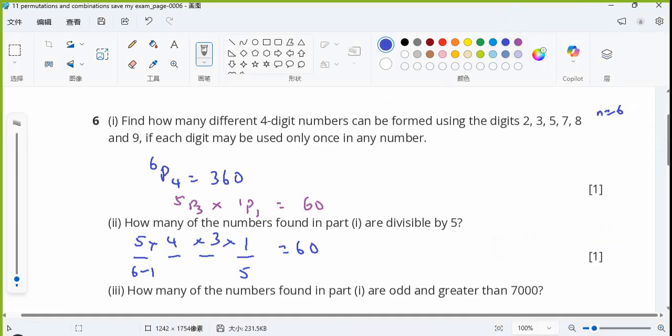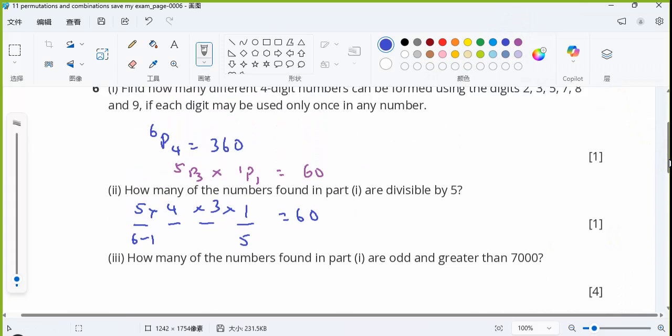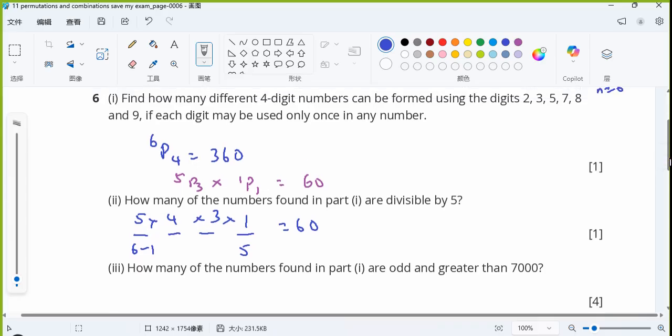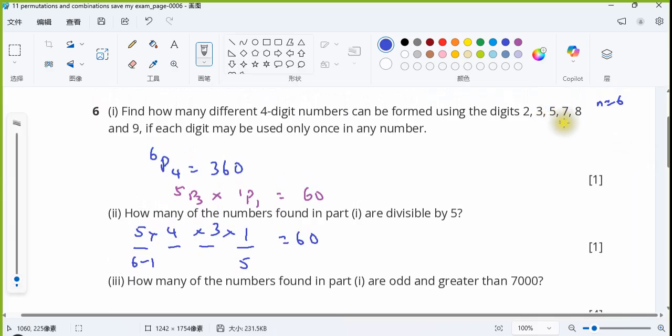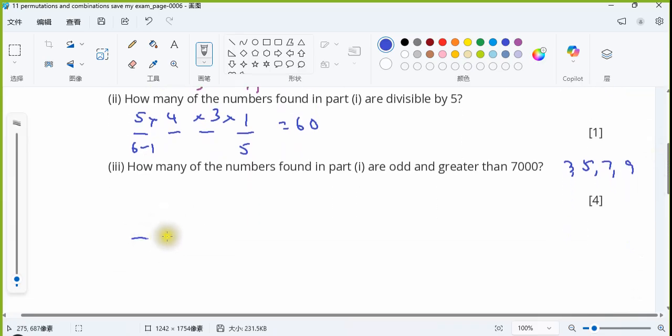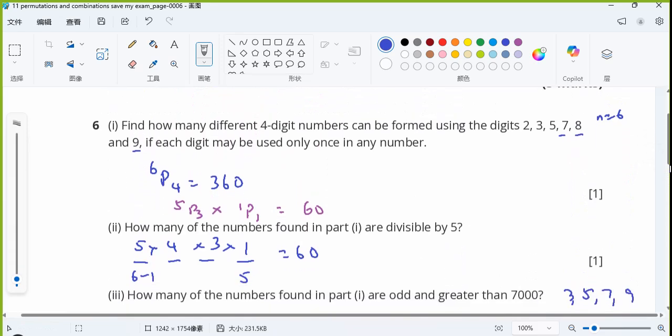Number 3. How many of the numbers found in part 1 are odd and greater than 7,000? So odd numbers can end with 3, 5, 7, and 9, so 4 choices.